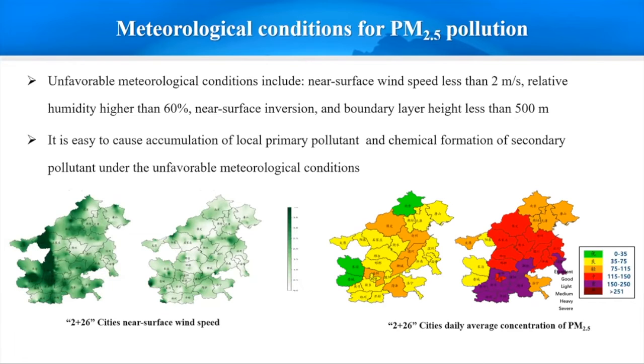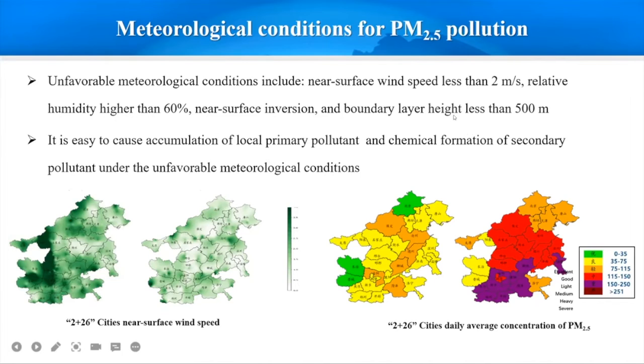And for PM2.5, the conditions are low wind speed, for example, near surface wind speed less than 2 meters per second, relative humidity higher than 60%, near surface inversion, and boundary layer height less than 500 meters.